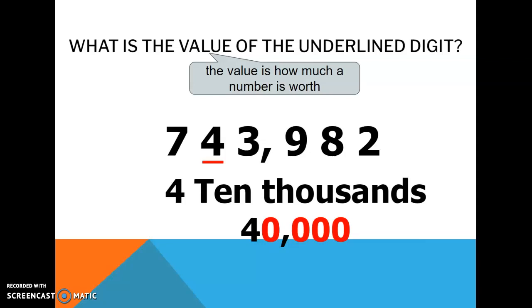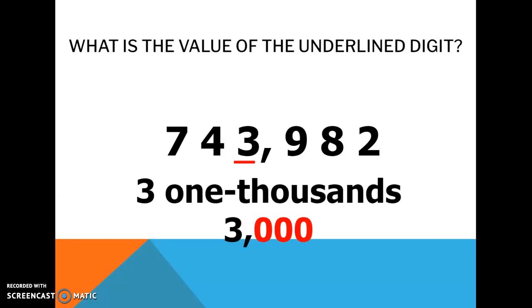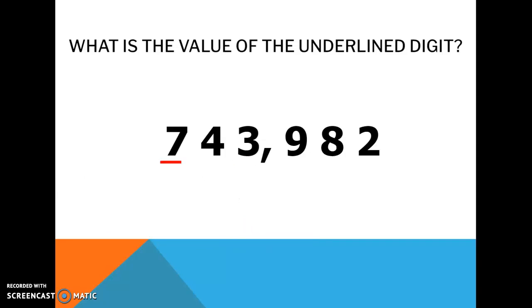So we use zeros to hold the place of the other digits because I only want to know about the 4, not the other numbers. So 40,000. What is the value of the underlined digit, the 3? Well, 3 is in the, that's right, the thousands place. So 3 1,000s would be the same as 3,000.